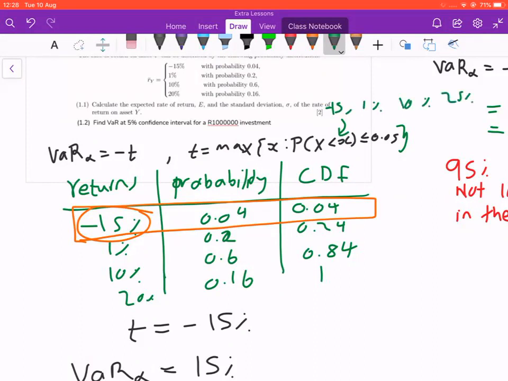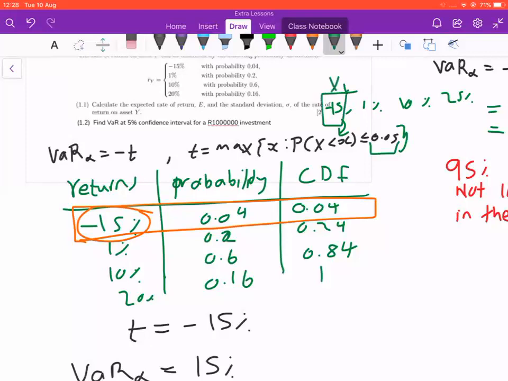This is your value of x such that the probability is less than or equal to 5%. There's only one value which has a probability of less than 5%, which is this one, negative 15, and I can call it X1.